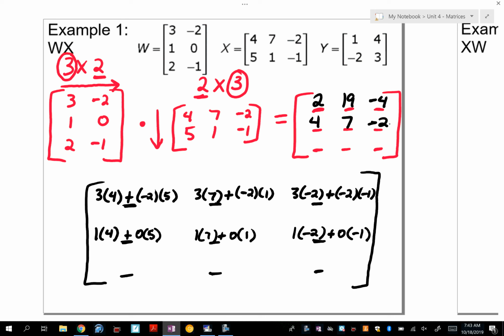All right, we're in the third row now. And we're going back to the first column in the answer matrix. So I'm going back to the first column of my second matrix, matrix X. Okay? So I'm going to use 2 and negative 1 for this entire row. All right, so 2 times 4 plus, follow your arrows, negative 1 times 5.